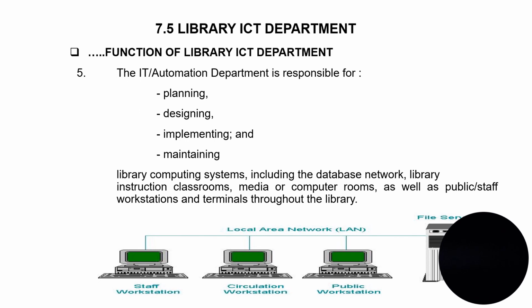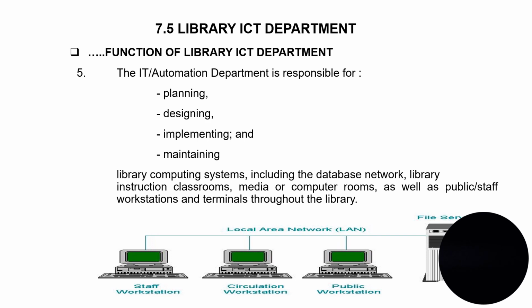The IT or automation department is also responsible for planning, designing, implementing and maintaining. So, this is the important part, they have to plan what IT or what system needs to be adopted in the library, and design the system. After that, they need to implement. After implementing, they need to maintain the implementation of ICT or IT in the library.